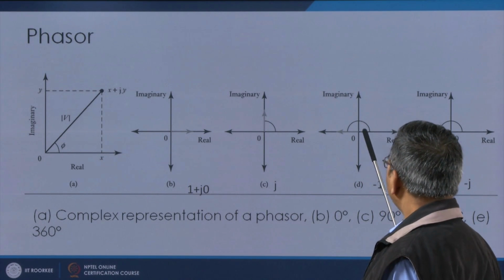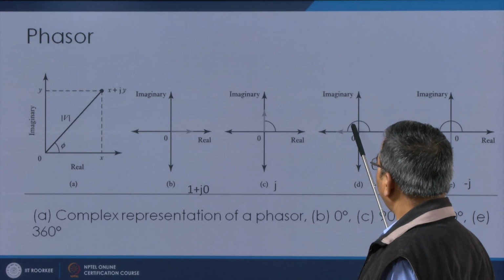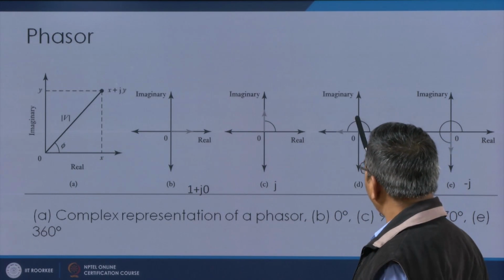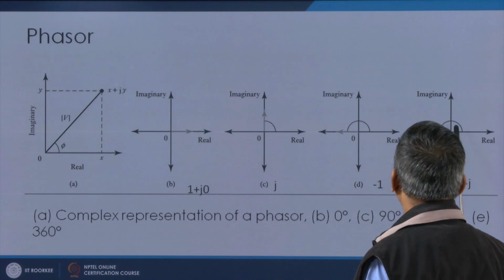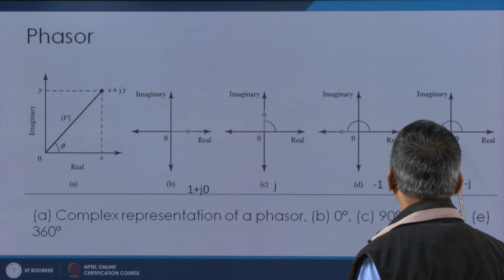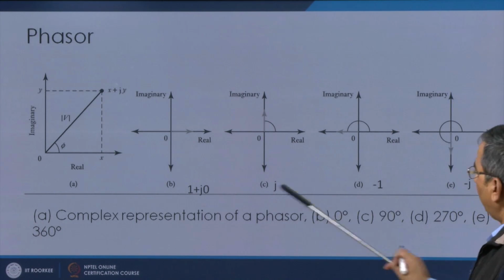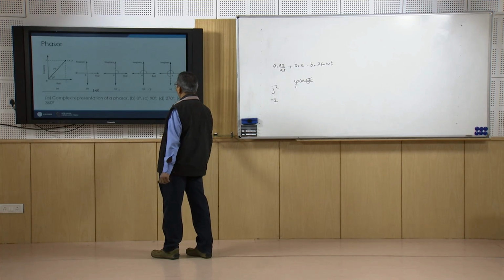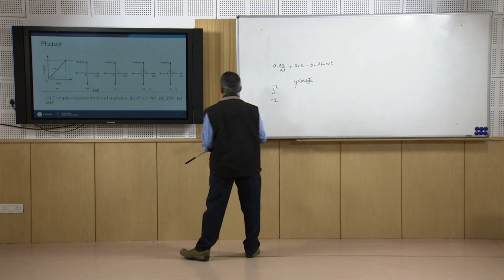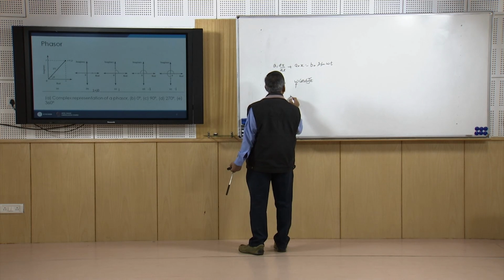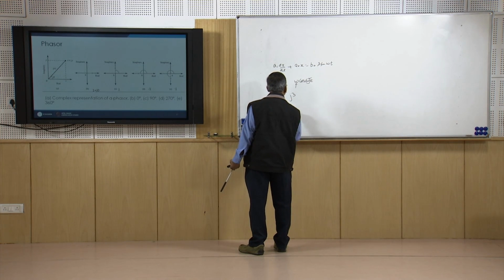Okay. That is, for a 90 degree rotation you have to multiply by j, for 180 degree rotation you have to multiply by j square, and similarly for 270 degree rotation you have to multiply by j cube. Okay. And you will get minus j, because when you multiply with j cube, you can write this as j into j square, and j square is -1.